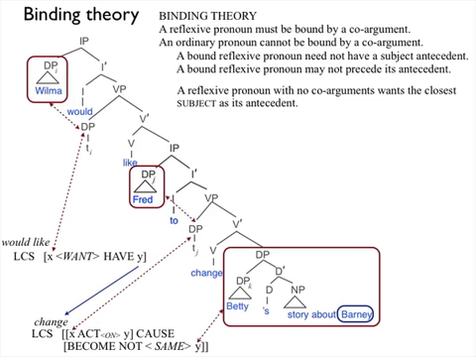So with Betty's story about Barney, we now have a situation where him is perfectly fine here with Fred, right? Wilma would like Fred to change Betty's story about him, where him goes with no problem whatsoever, right? And the reason is that we've now made a scenario in which the thing in the slot.